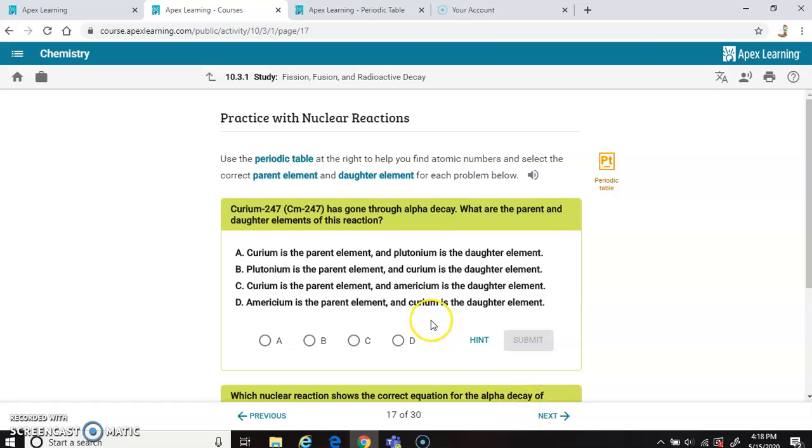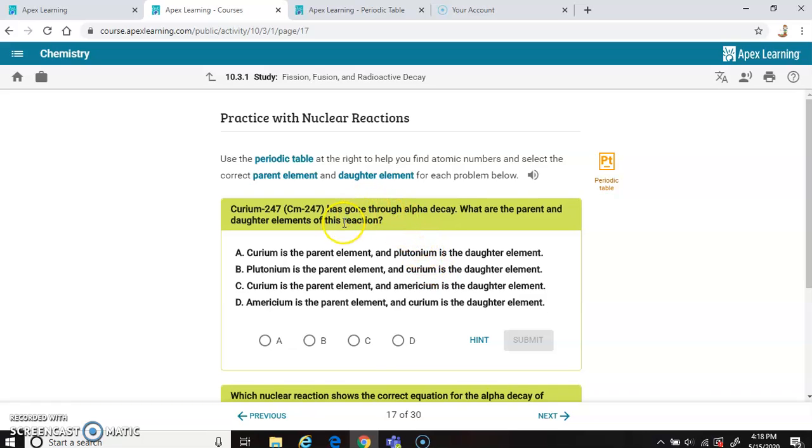So for example, we have curium-247 that has gone through alpha decay. What are the parent and daughter elements? Well, if it's going through alpha decay, it's automatically the parent. So we can eliminate 2 answers. It's not B, it's not D, because curium is the one we're looking at, so it's the parent element. Now, we need to know if americium or plutonium is the daughter element.